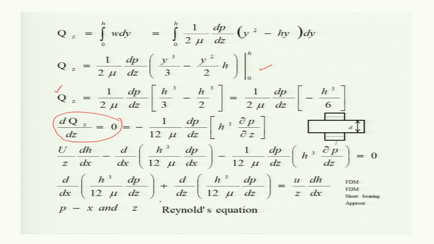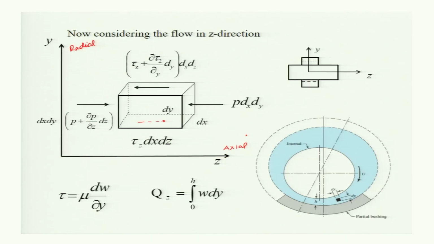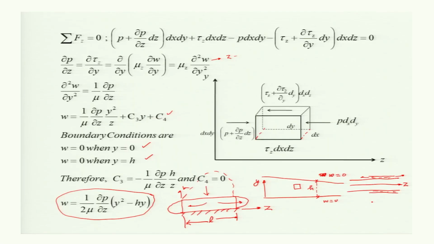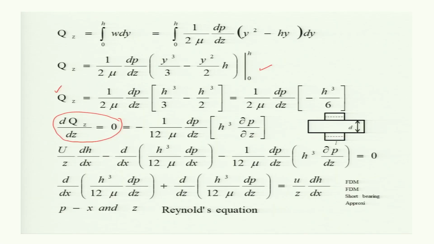Then we have this term, and we have the previous term when we were considering only the flow in the direction of x. So, this is the equation considering flow in the direction of x, and the other equation is considering the flow in the direction of z, that means axial.